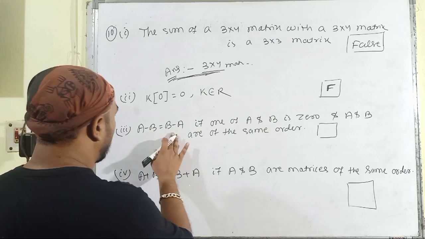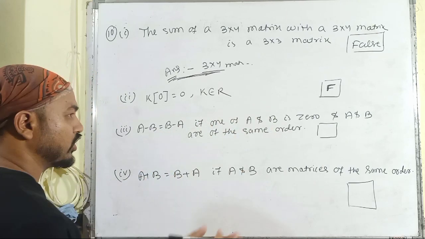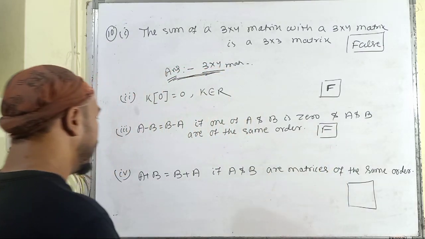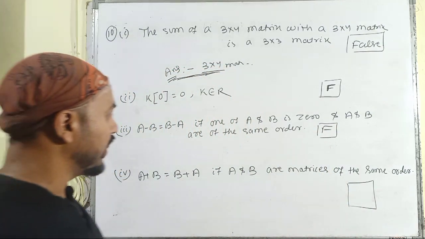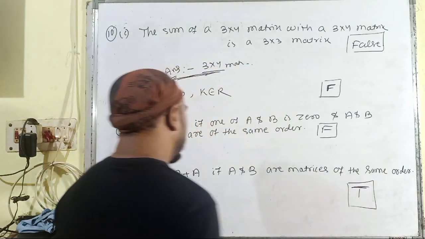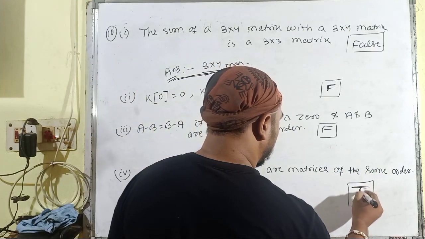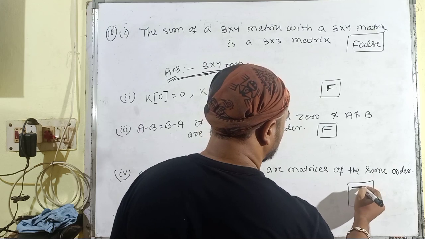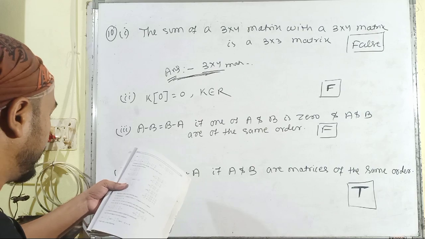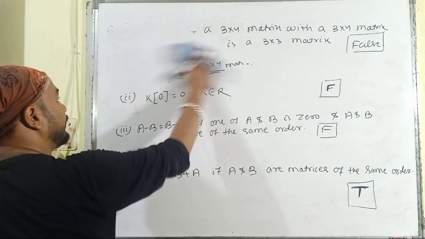Then A minus B is equal to B minus A. If one of A and B is 0, it is totally false. So it is false. A plus B is equal to B plus A if A and B are matrices of the same order. It is a true statement. True. Then moving towards the last 4 bits.